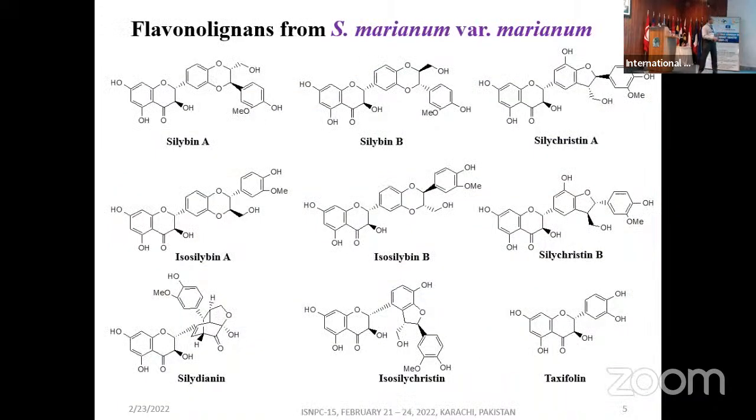In the next slide, you can see the main flavonolignans produced by the major variety of Silybum marianum or milk thistle. As you can see in the structures here, some of them are diastereomeric isomers, some are regioisomeric forms, others are structural isomers, and taxifolin is the main flavonoid precursor from which all of these flavonolignans are formed.